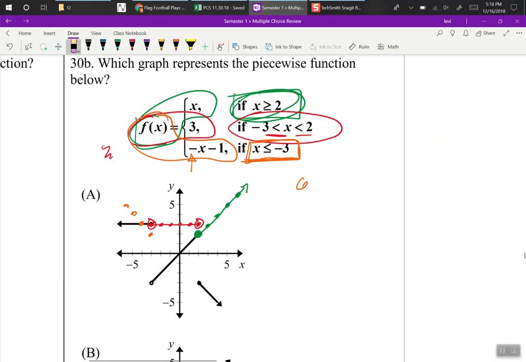Now at -3, I want to use a closed circle. At -3, that's a closed circle there.